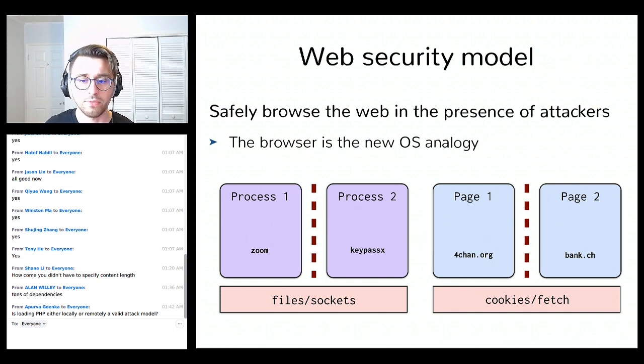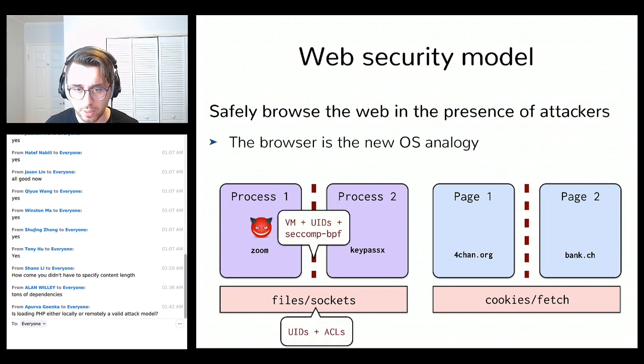We want to isolate 4chan from bank.ch, right? Part of the reason we want to do this is because Zoom might be malicious. I might care about Zoom accessing KeePass, which is, say, a password manager. Similarly, I'm worried about 4chan, or people's rendered HTML and JavaScript on 4chan, getting at my bank stuff.